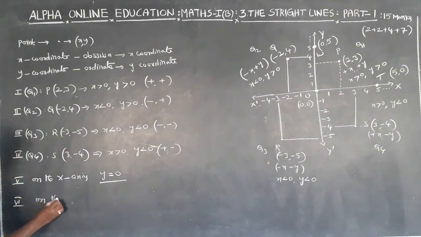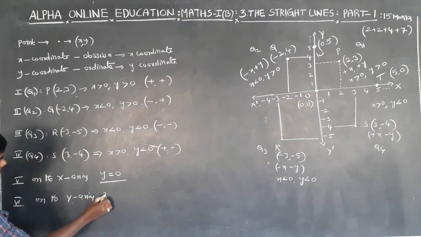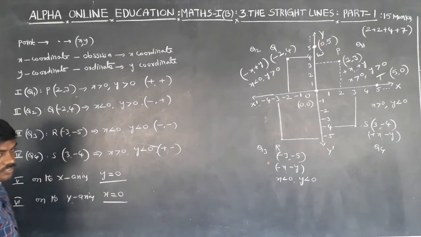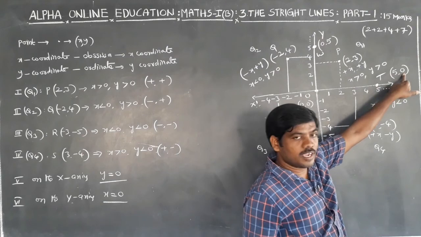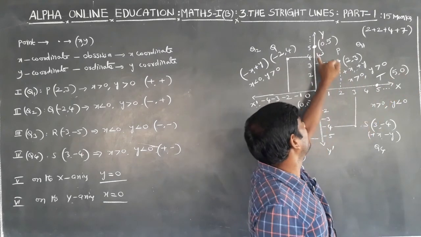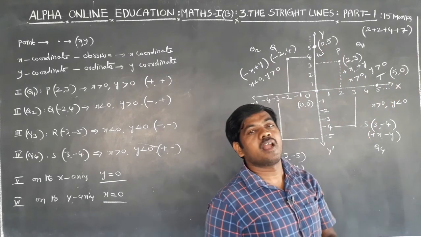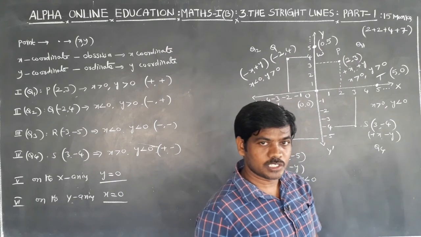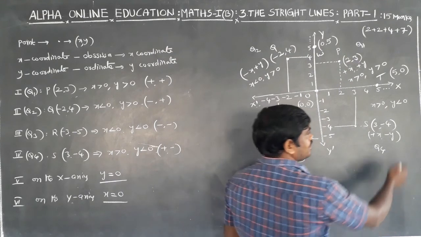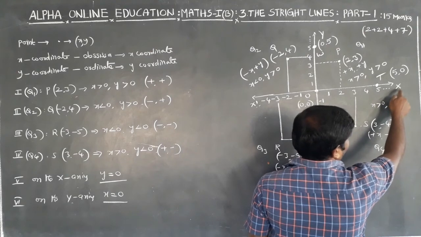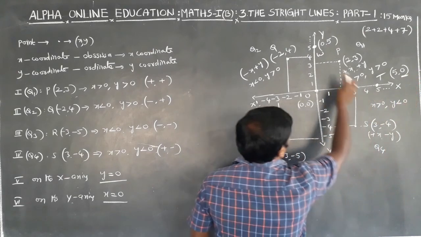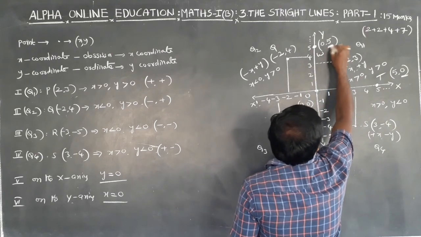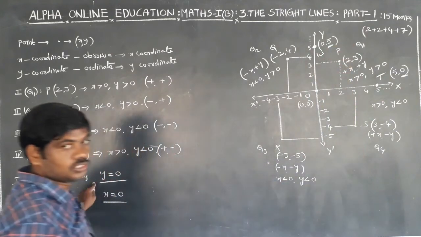On the y-axis, the x value is 0. On the x-axis, the y value is 0.